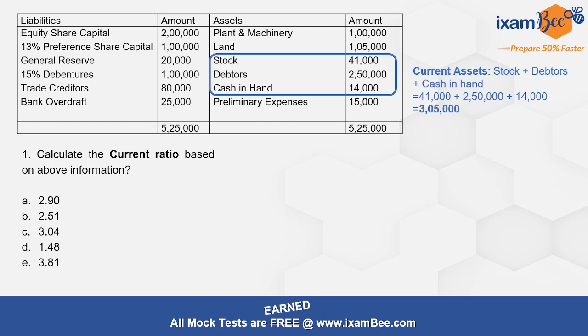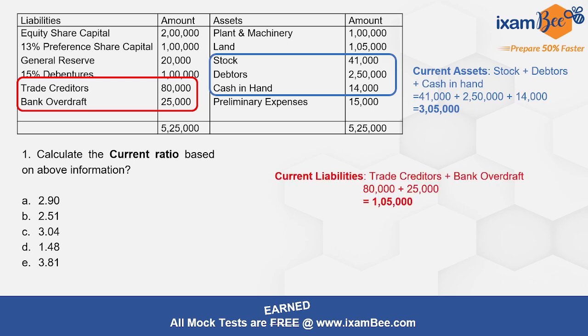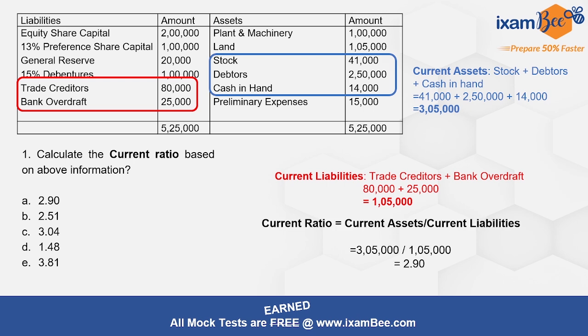In the liability side, we can see that we have only two current liabilities, trade creditors and bank overdraft, which is 80,000 and 25,000 respectively. So the total comes to around 1,05,000. Now we can calculate the current ratio by dividing 3,05,000 worth of current assets by 1,05,000 worth of current liabilities. So the current ratio is 2.9. Option A is correct answer.